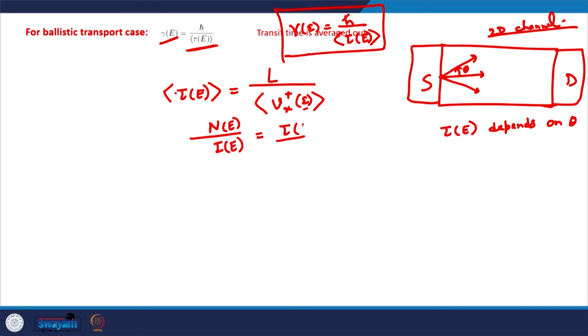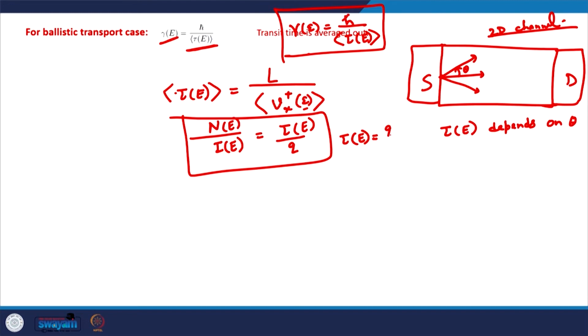So, please remember this was the expression that we used, or this was sort of a thought experiment that we did in order to find out the tau e time. So, this tau e was essentially q times n e divided by I e. So, that was the case when we had the ballistic transport.